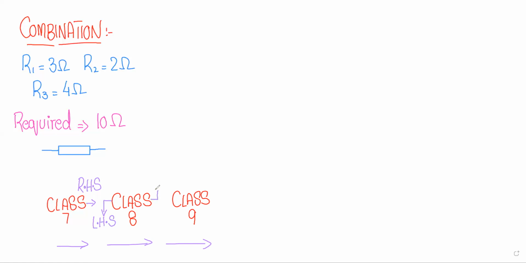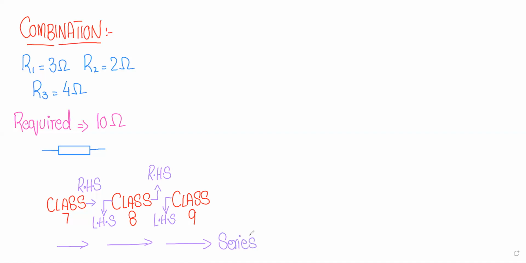And again continue the same process. So right left, right left, right left will be the combination of each student with the student of a different class, right? So there is a combination of left, right. So when we are joining components in a circuit end to end, that combination is known as series combination, right?